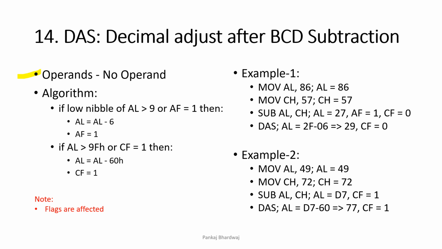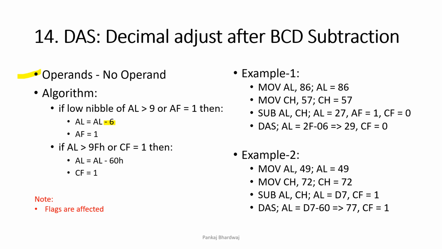DAS, that means by default the content present in the accumulator, the AL, that means the low byte, will be checked whether it is a BCD number or not. If it is a BCD number, then it's okay. If it is not, then we need to check it nibble by nibble. So if the low nibble is greater than 9, we need to subtract 6, and if it's greater than 9F, that means we need to subtract 60.